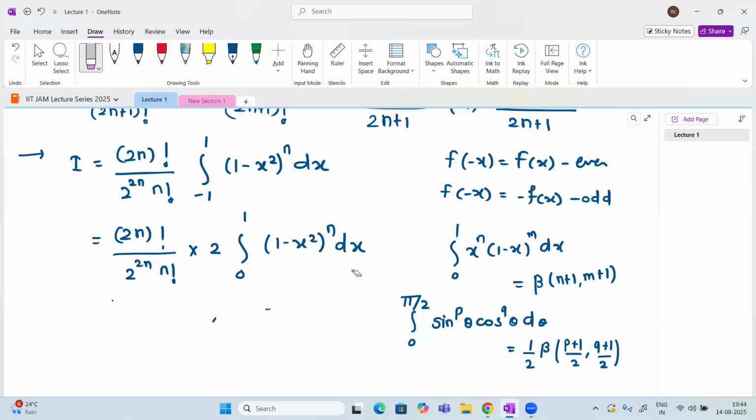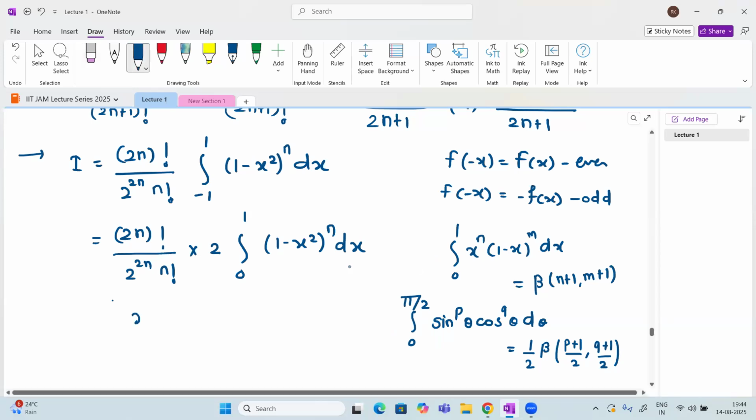If you go for sine and cos, in that case you should use the second formula. If you put x square equal to t, I should go for the first formula, right? Both choices are open for us, but as you said, I will go for the first one. So x square is equal to t, then x is equal to root t.